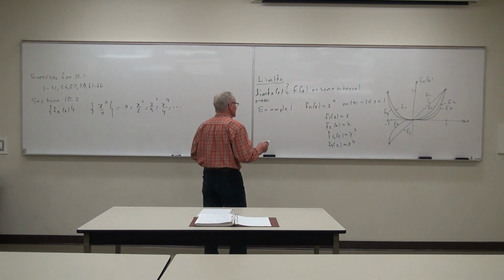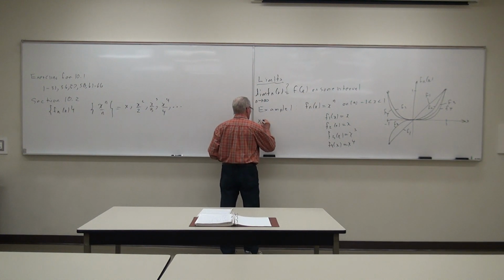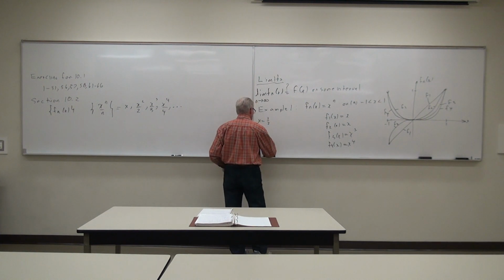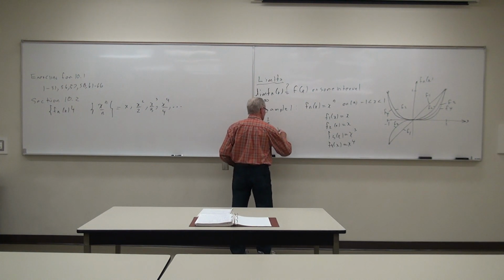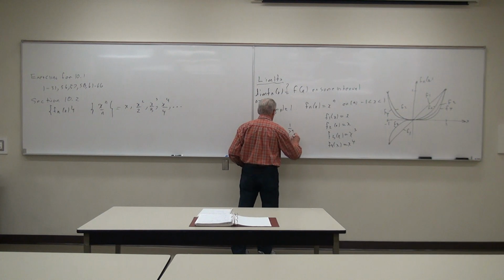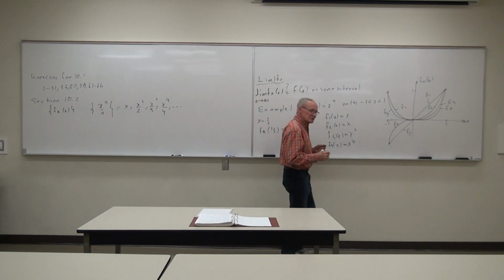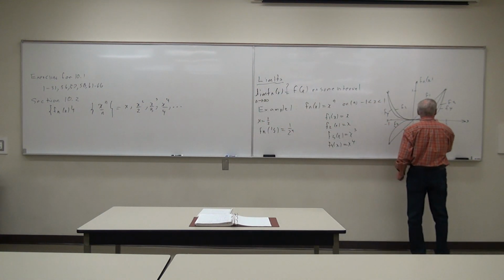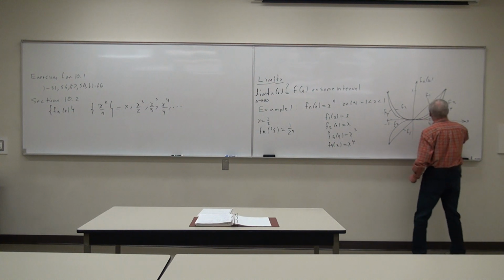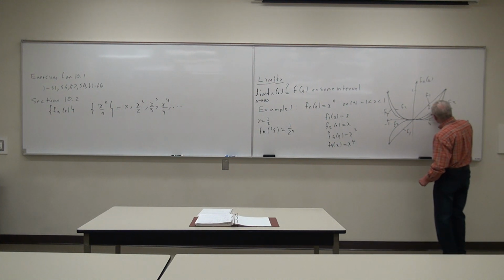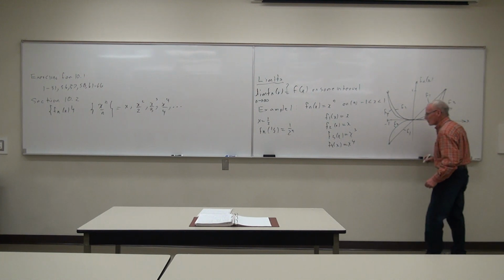For instance, if x were equal to a half, then this would produce a sequence of numbers, namely 1 over 2 to the n. You can see those here. If that's a half, then there's the first term in the sequence, the second one, the third one, the fourth one.